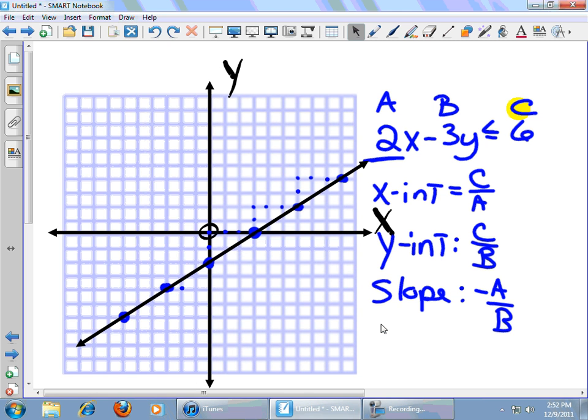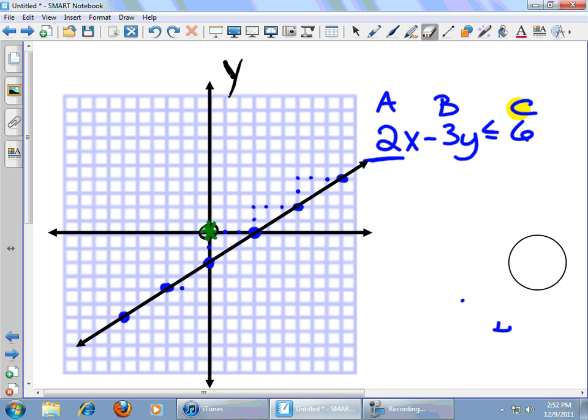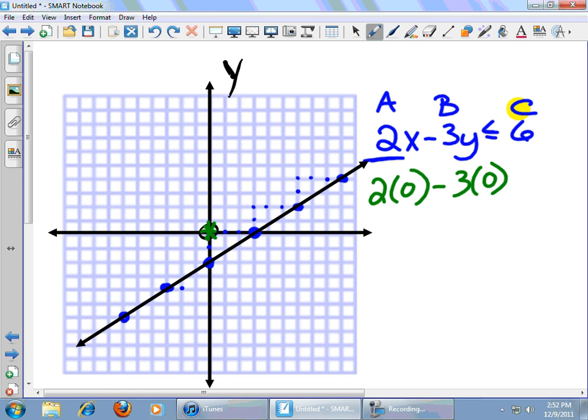All right. Can I use the origin as my test point? I sure can. Why can't I? Because the line does not go through the origin. All right. Let me get some room to work here. I shall plug 0 in for x, 0 in for y, and see if I get a true statement.